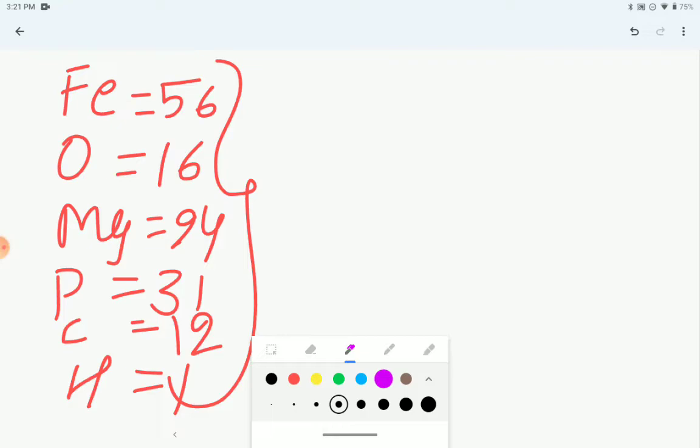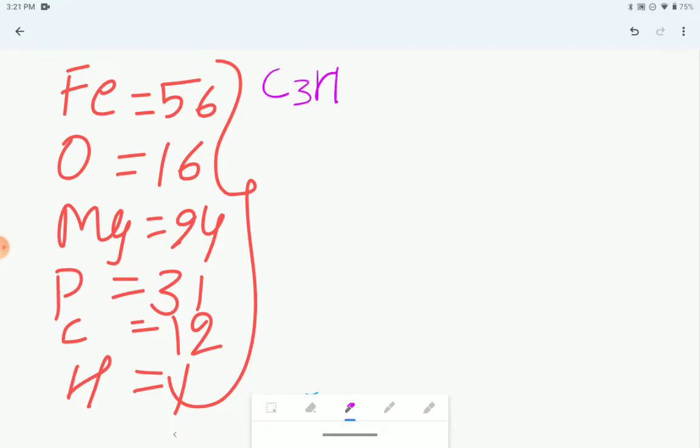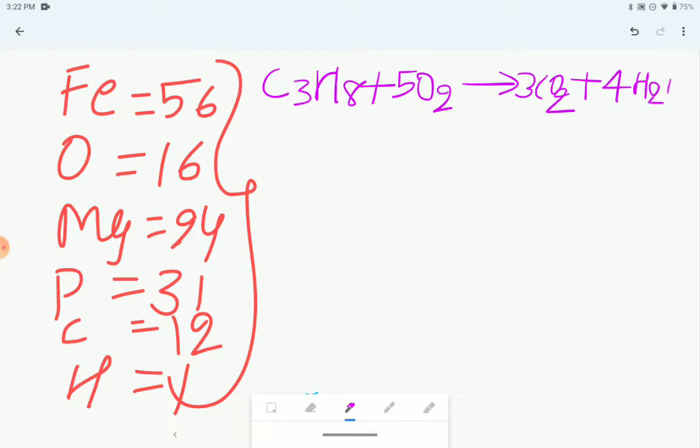Next equation is C3H8 plus 5O2 gives rise to 3CO2 plus 4H2O. Here if we observe C3H8, which is 12 threes, 36, plus 8, which is 44 grams of C3H8, requires 5 into 2, 10 into 16, 160 grams of oxygen.